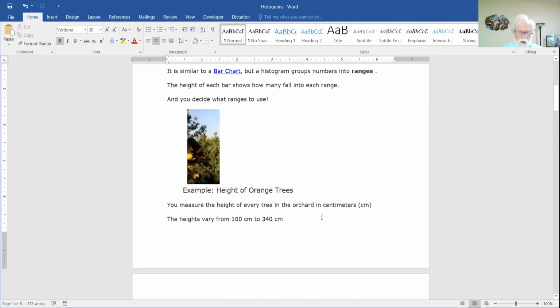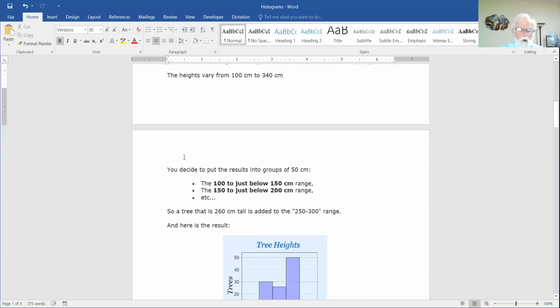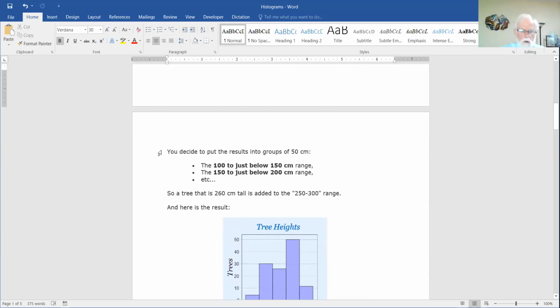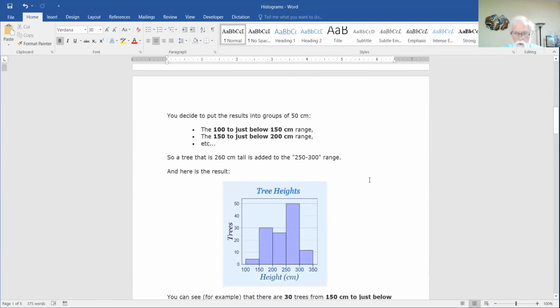So if we look at the height of orange trees, they vary from 100 centimeters to 340 centimeters in height. So if you decide to put those results into groups of 50, how do we choose what the ranges are going to be?